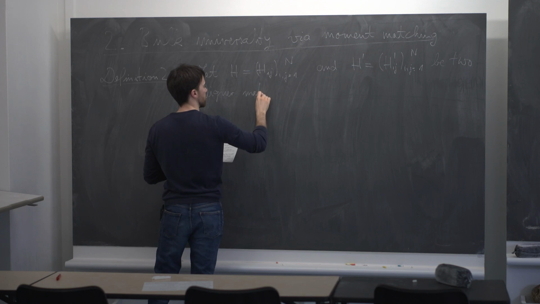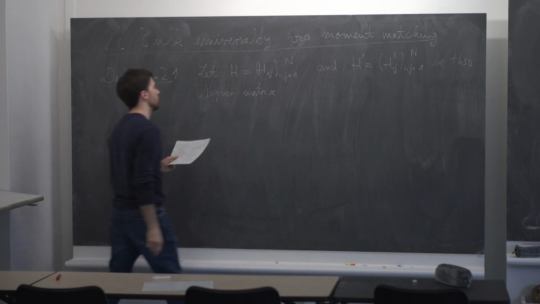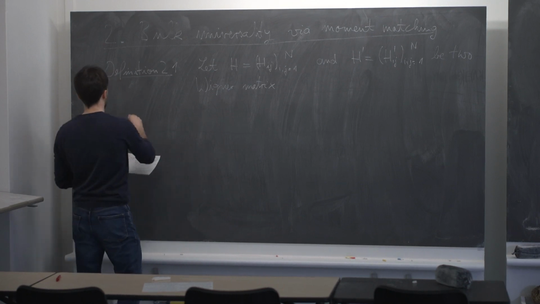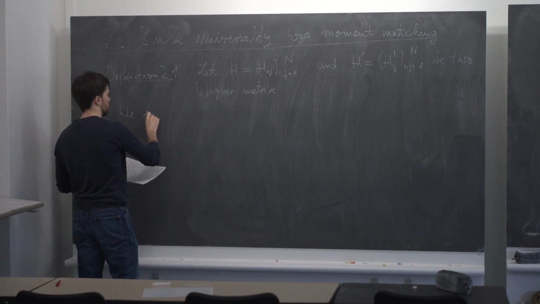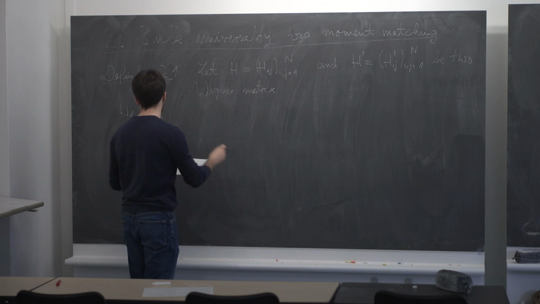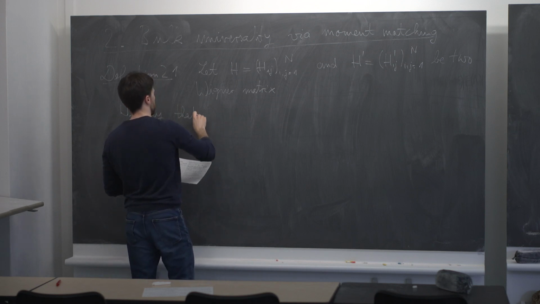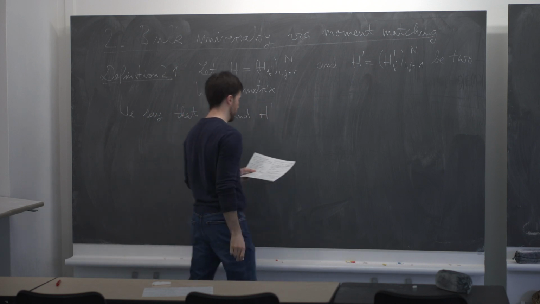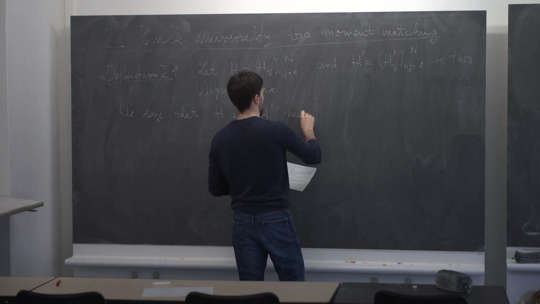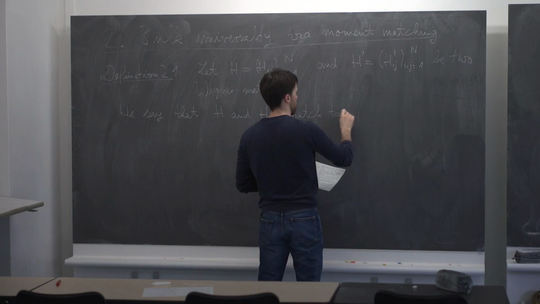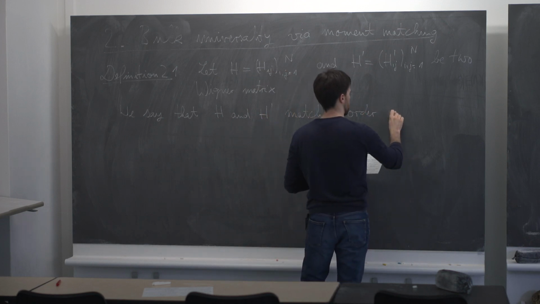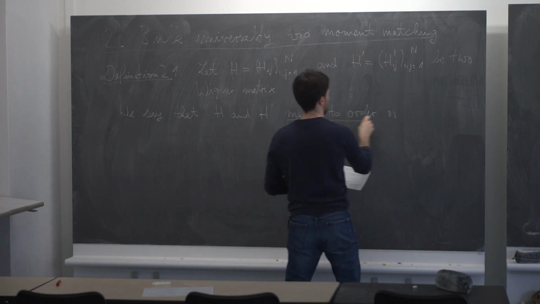We defined what a Wigner matrix is last semester, so I guess you can all go back to this definition. And now the important concept will be that we say what it means that H and H prime match to order little n.